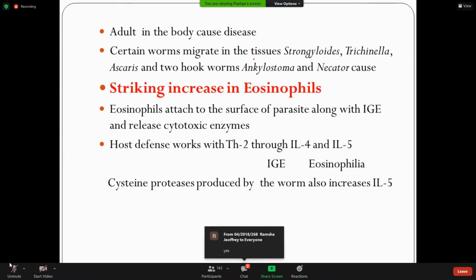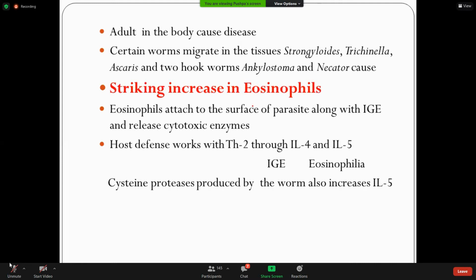Adult worms in the body cause disease, and certain worms migrate in the tissue, like Strongyloides, Trichinella, Ascaris, and 2 hookworms known as Ancylostoma duodenale and Necator americanus. They cause a striking increase in eosinophils.